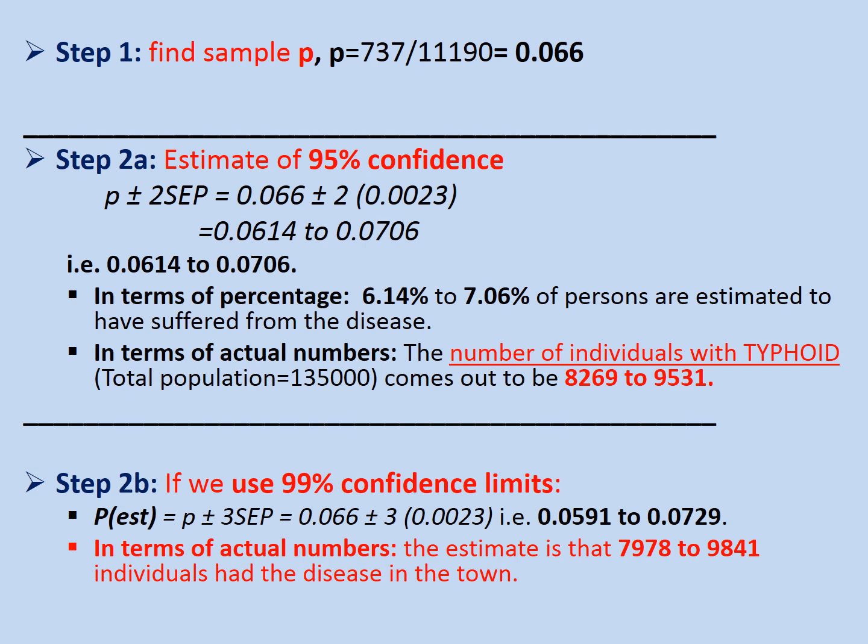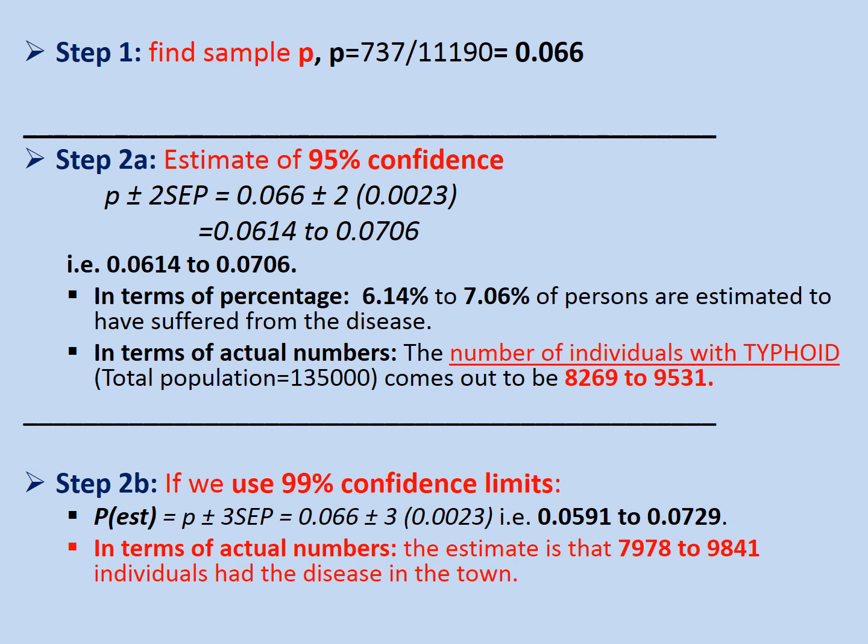Sample p here is 0.066 plus or minus 2 times the standard error of proportion, which here is 0.0023. You should be able to calculate the standard error of proportion with the help of small p. I have already told you the formula. Please put the value into that formula, and you will get a standard error of proportion equal to 0.0023.